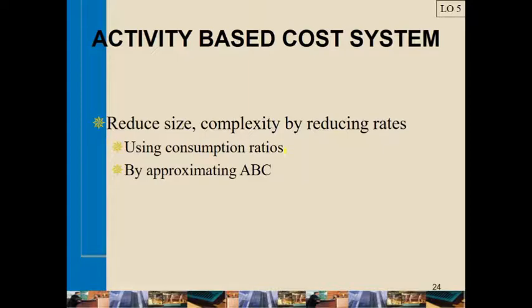So in this way, most costs are assigned to the products accurately. Now, the cost of the most expensive activities are assigned using the appropriate cost and effect drivers, while the costs of the less expensive activities are assigned somewhat arbitrarily. This approach is simple and easy to understand and often leads to a good approximation of the ABC assignments.